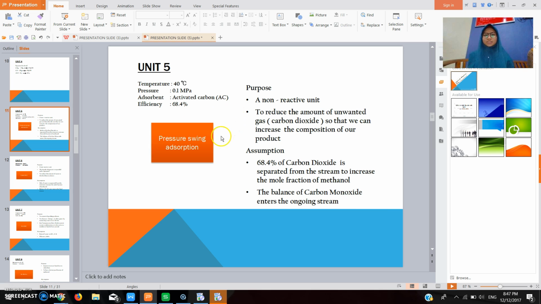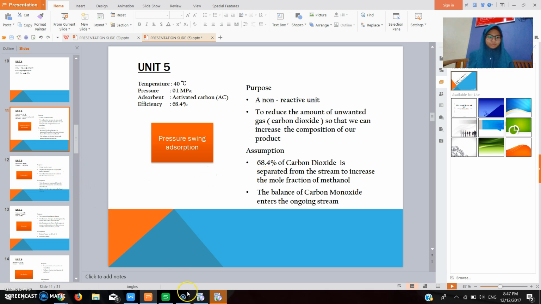This pressure swing absorption is to reduce the amount of unwanted gas such as carbon dioxide so that we can increase the composition of our product. The assumption that we made is that 68.4% of carbon dioxide is separated from the stream to increase the mole fraction of methanol, and the balance of carbon monoxide enters the ongoing stream.